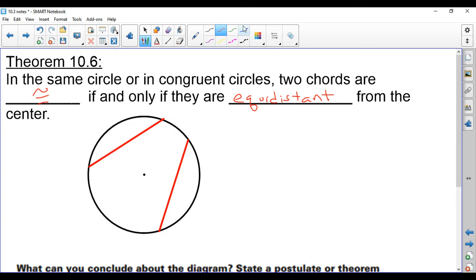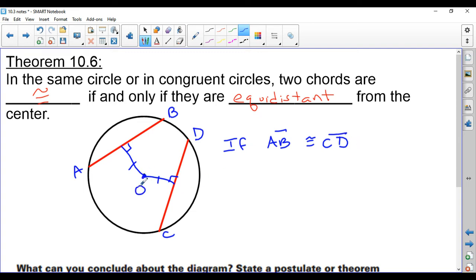So remember, if we're doing distance from a point to a line, it must be measured on a perpendicular. So these two distances are going to be congruent if those chords are congruent. If chord AB is congruent to chord CD, then they are equidistant from the center, from point O.